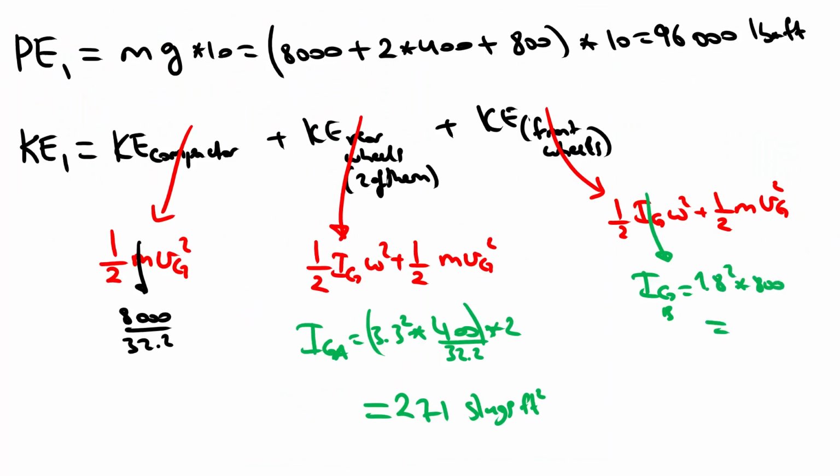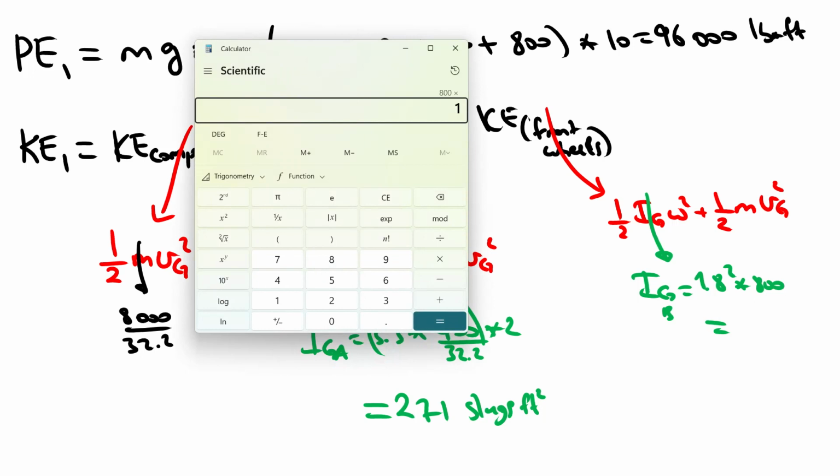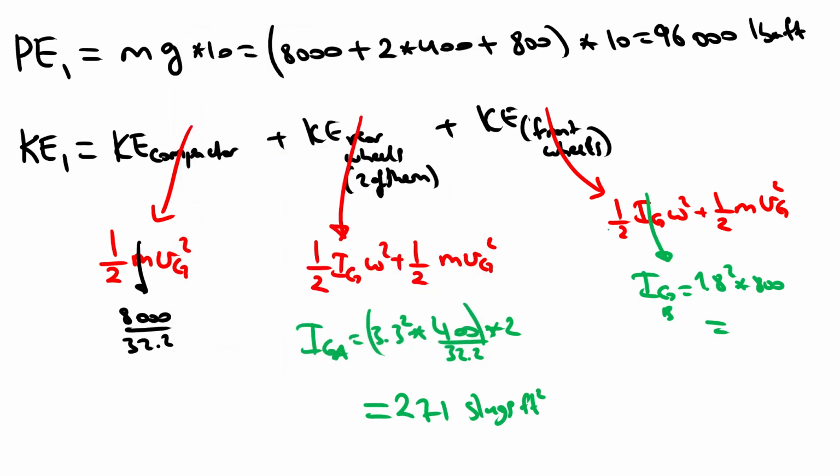That will be 800 times 1.8 times 1.8, divided by 32.2. That makes 81. This is for the radius of gyration.